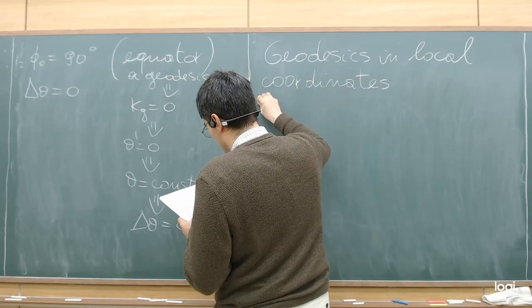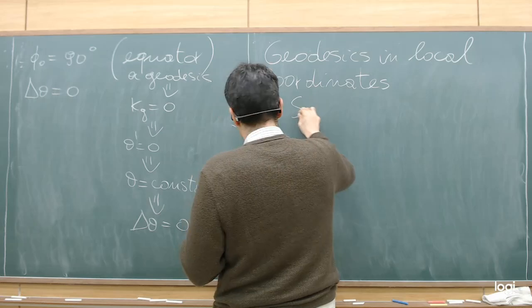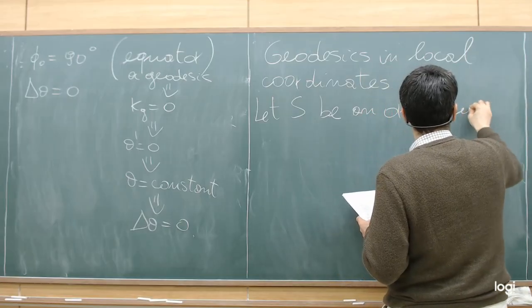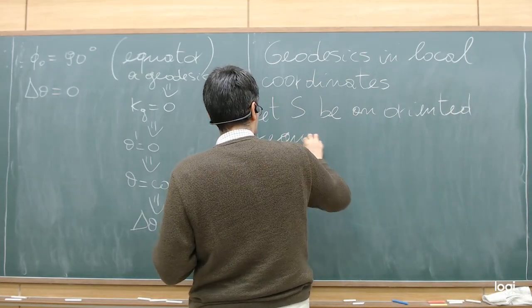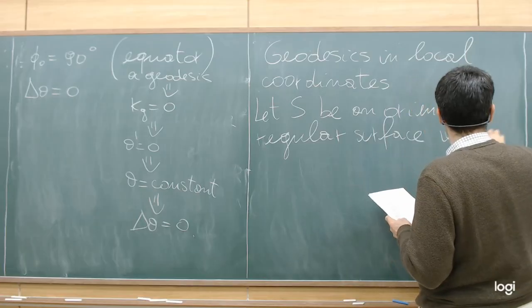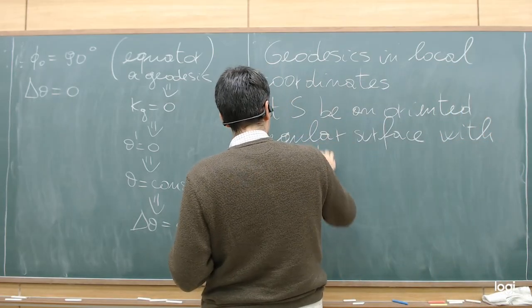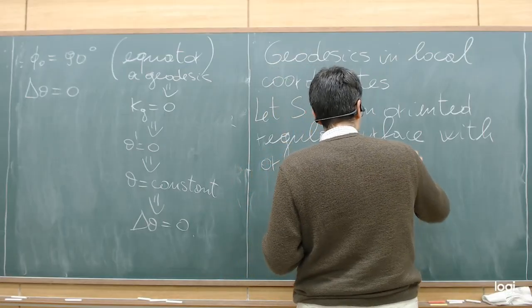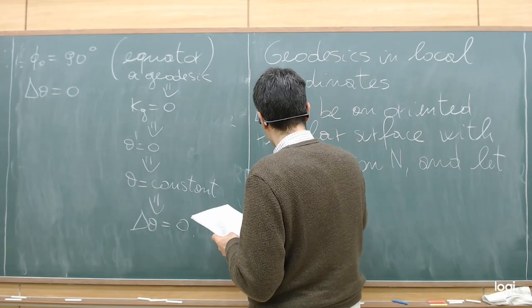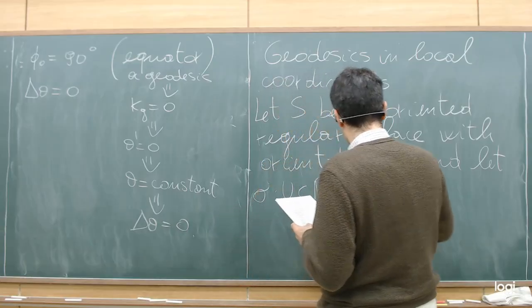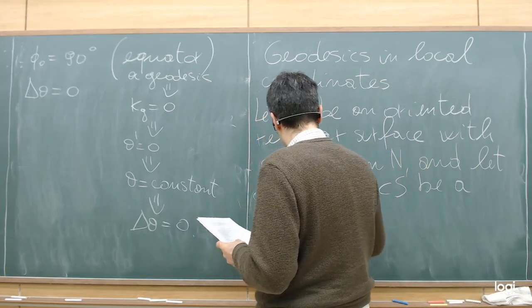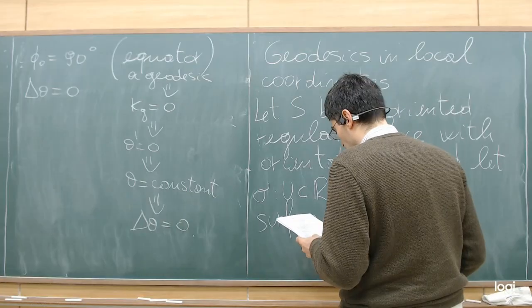Let's recall the following facts. Suppose that S is an oriented regular surface with orientation n, and let sigma be a surface patch which is compatible with n.